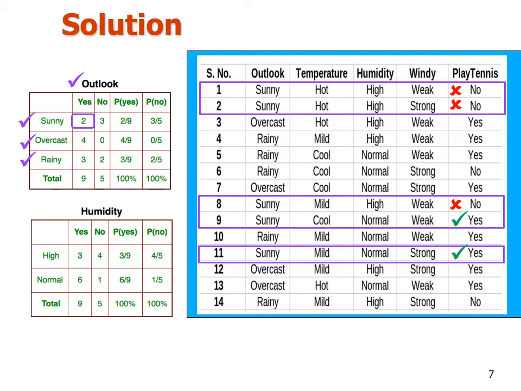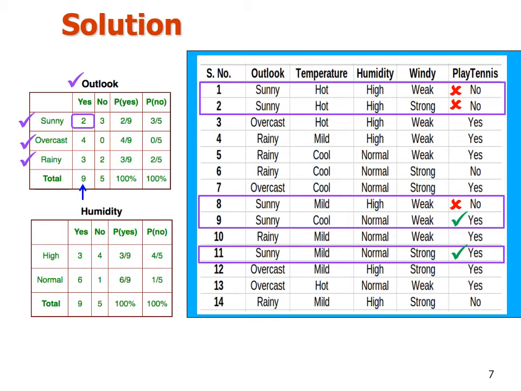So please see here, if we sum up the values in column yes, it comes out to be 9. That means we are summing up the number of instances for which we are having yes value.